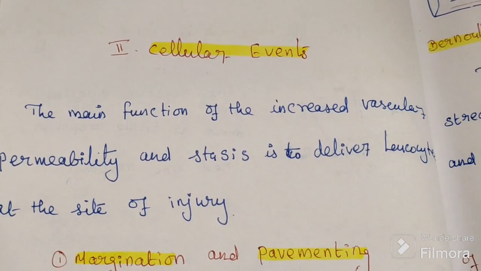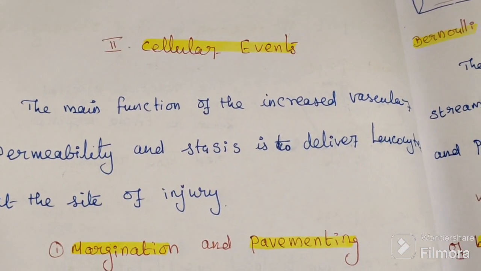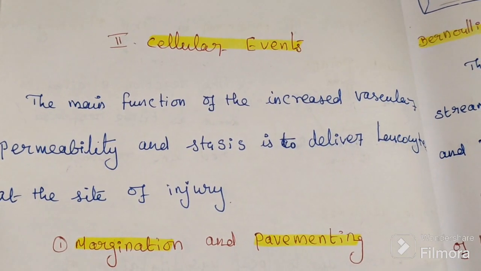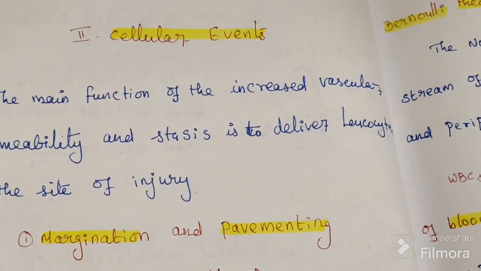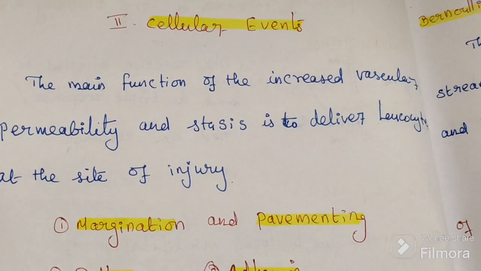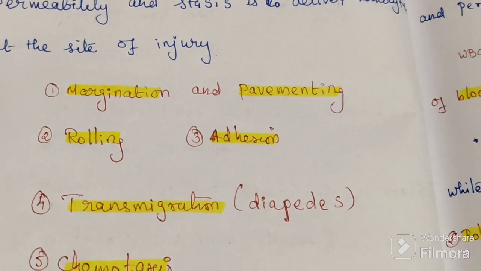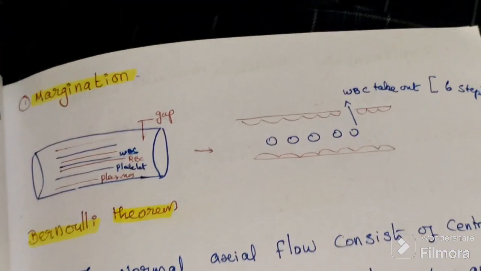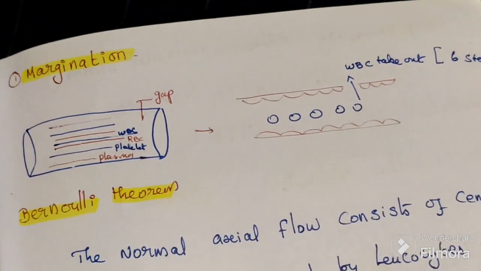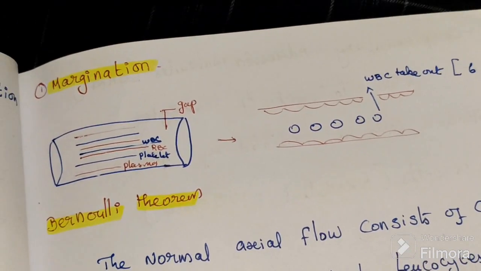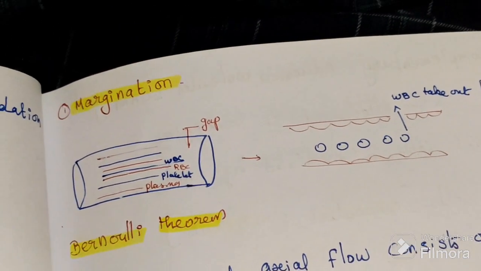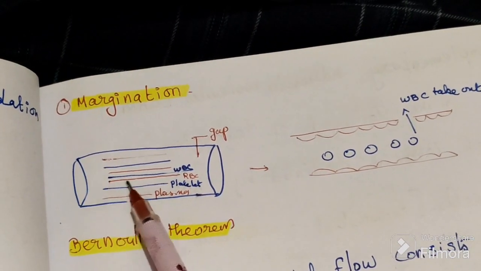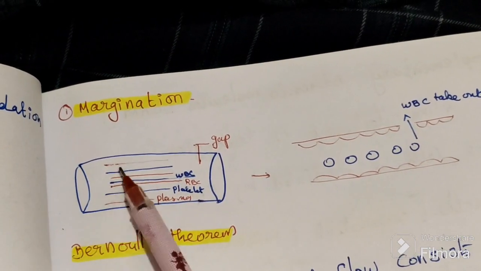So what is the cellular event? The main function of increased vascular permeability and stasis is to deliver leukocytes to the site of injury. It has 6 steps. The first step is called margination. What is margination? According to Bernoulli's theorem, the heavier ones travel in the center and the lighter ones travel at the periphery.